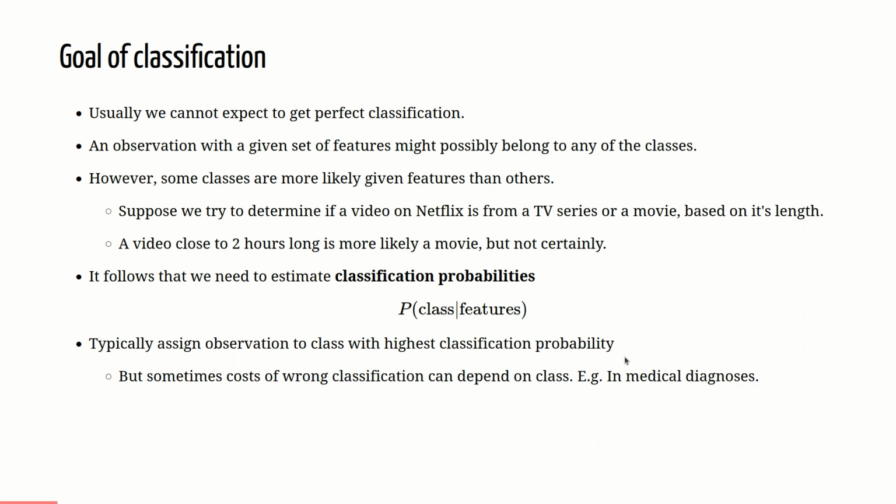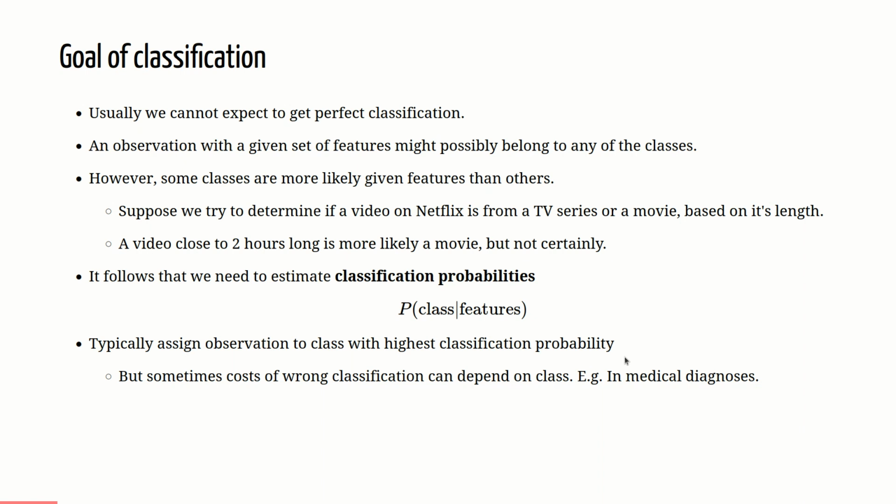A simple example is that suppose you want to determine if a video on Netflix is from a TV series or a movie. And one of the predictors that you have is its length, so how long is the particular video file? If the video is close to a couple of hours long, then it's likely to be a movie, because movies are typically a couple of hours long, whereas TV episodes are typically shorter, but it's not perfect.